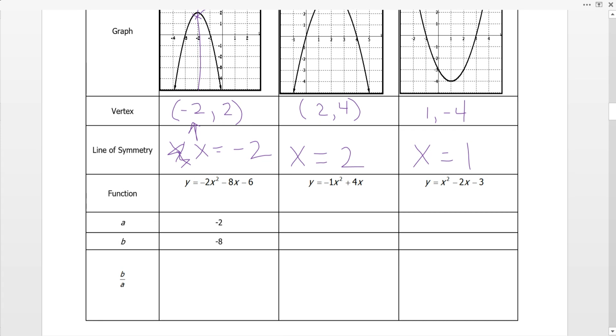So we have a, b, and c. We're always going to want it to be y equals for this. A is in front of the x squared, then b, and c. So a is -2 and b is -8.